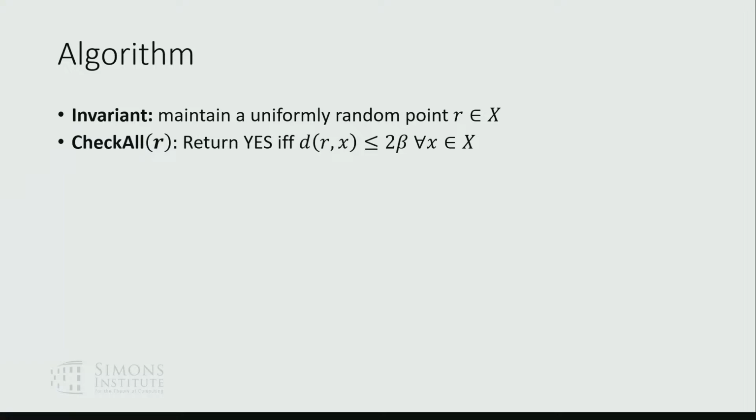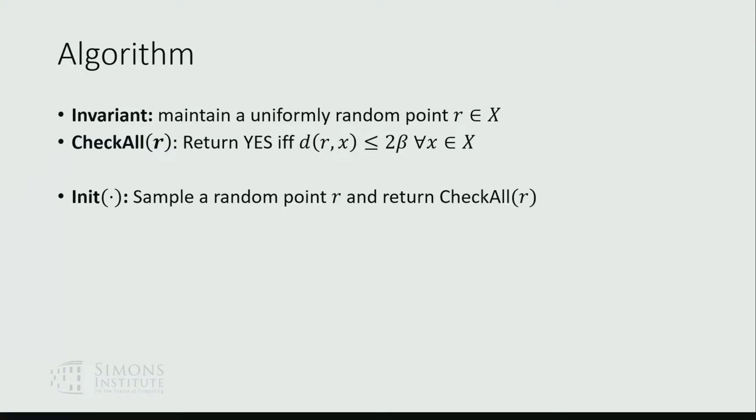Now we are ready to describe the algorithm. To initialize the data structure, you just sample a random point R and return check all of R. If the distance from R to everyone else is less than 2 beta, you return yes.